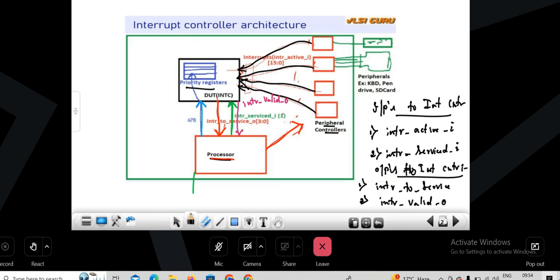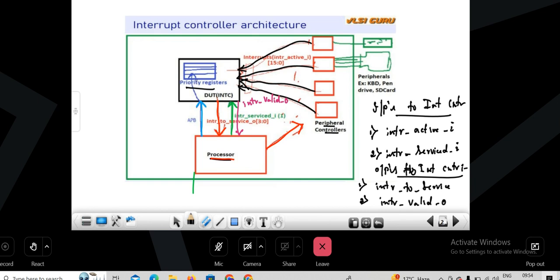Now, how many questions can I take? Let us take 16, meaning 15 down to 0 indicates 16 interrupts, 16 questions. To keep this in a register, what is the width and what is the depth of this register?